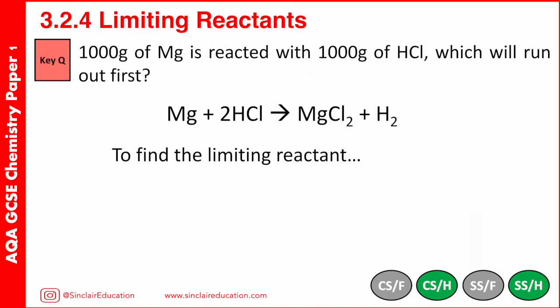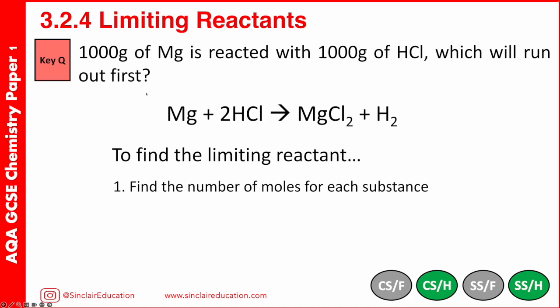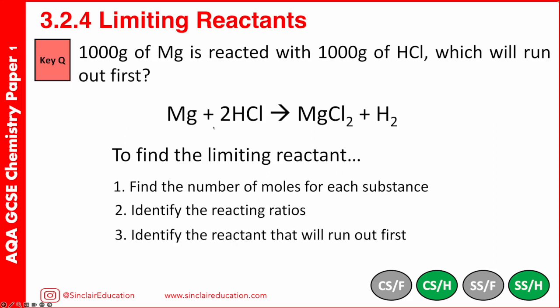Sometimes a 5 and 6 mark question on the high paper might be to prove mathematically the limiting reactant in a reaction. And here we use a really similar process as earlier. We need to find the number of moles that actually we've got for a substance that's provided, identify our reacting ratios, and from this identify which one will run out first.